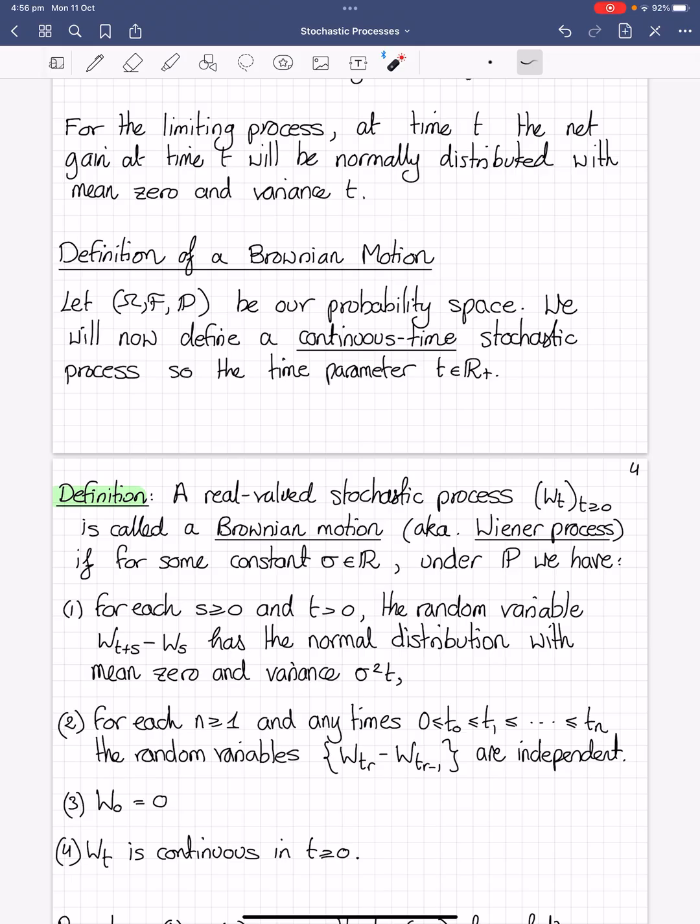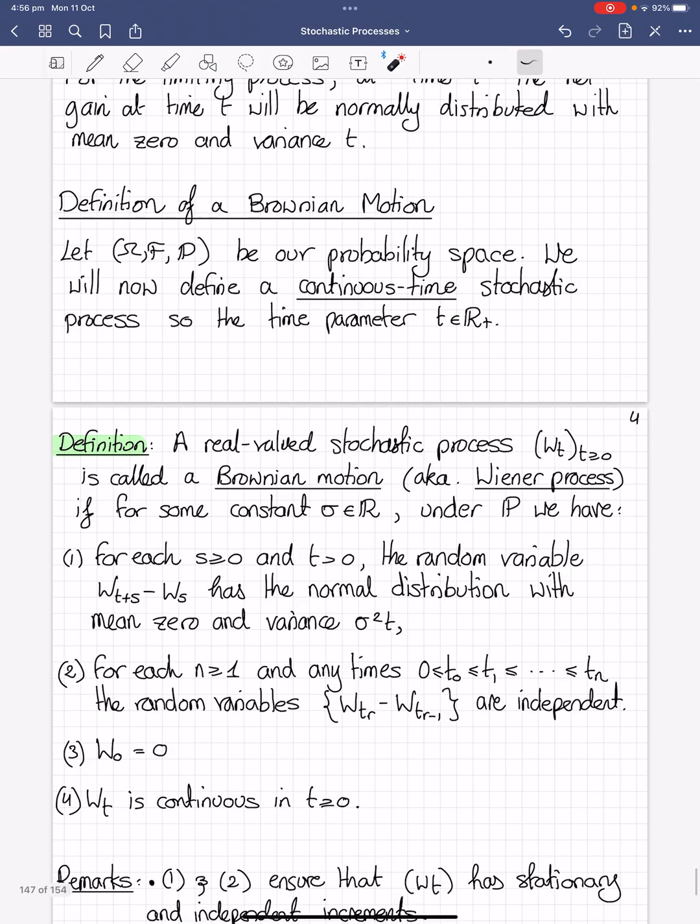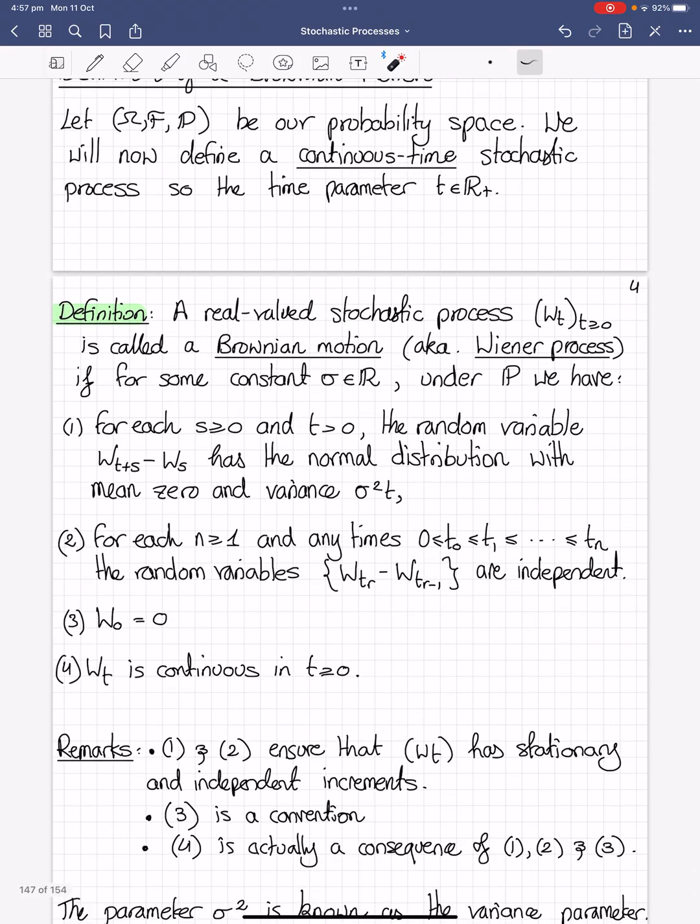Every time you take a small time increment, say between t_0 and t_1, that increment compared to the next increment, those 2 random variables are independent of each other. 3: the Brownian motion at time 0 is equal to 0. And 4: the Brownian motion is continuous in the t variable.